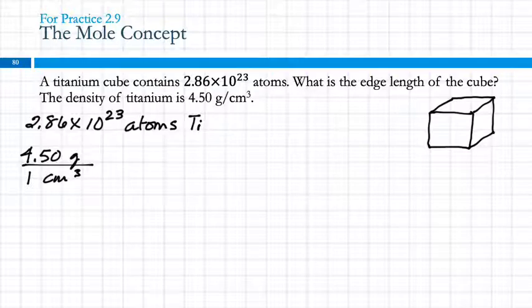I think in everyday language, square and cube are kind of interchangeable, right? But a square is a planar object, it's two-dimensional. A cube is three-dimensional. What is the edge length? Well, what do we often use for the edge length of a cube? L, right? Length. So L, in a cube, they're all the same.